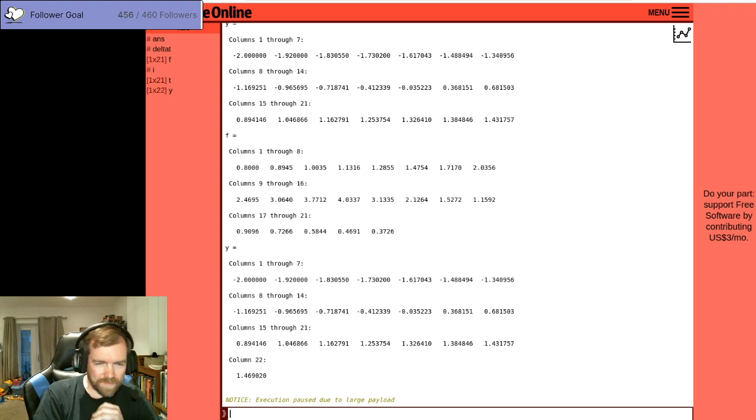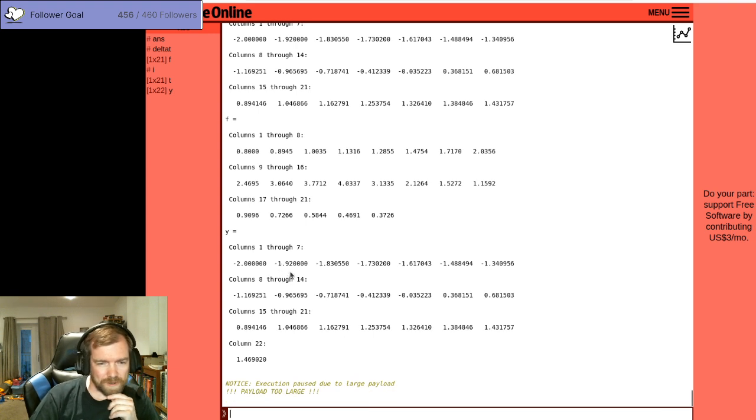Okay. So here we got our values. Yeah, payload too large. We get our final y values here when everything's all filled out. I really also should have muted the output for those, but whatever, it's fine. We see here that we get a -2 for the first one, of course, that was given. -1.92 for the second, and a -1.83 for the third.